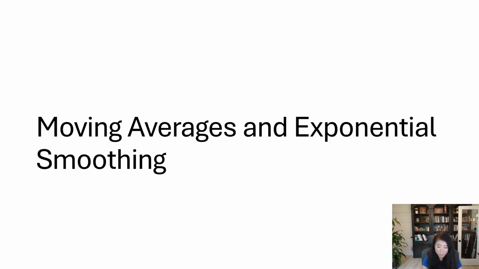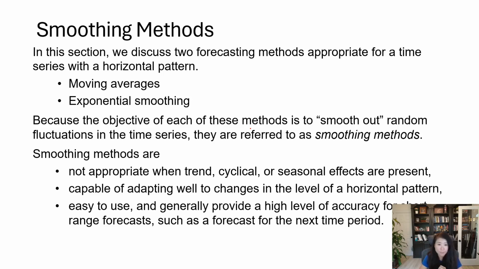So we spend some time before we dive into the mathematical side. We're going to look at what kind of requirements we need to impose on the data before we can actually use the model. As I said, moving average is the first model we are looking at. Both moving average and exponential smoothing are called smoothing methods. Why are they important?